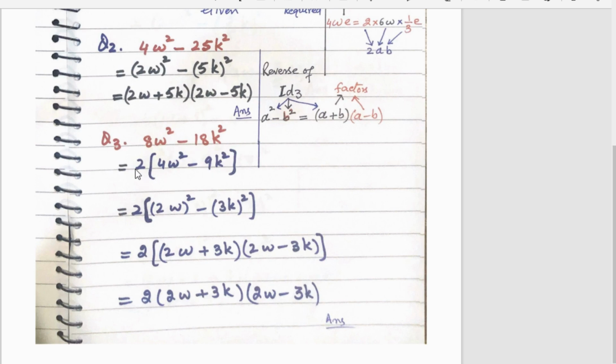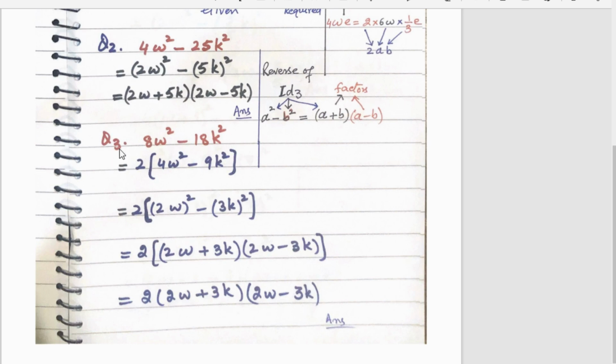So when we take 2 common, we will divide both the numbers by 2. The alphabets w square and k square will come as they are. And these two numbers after division will give us 4 and 9. 4 and 9 both are perfect squares of a number, right?